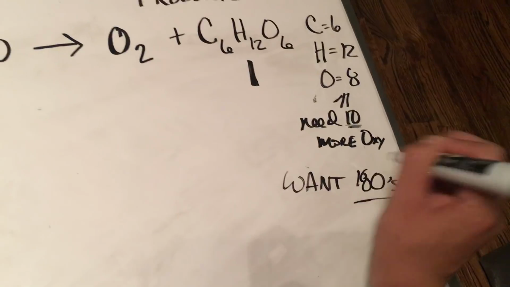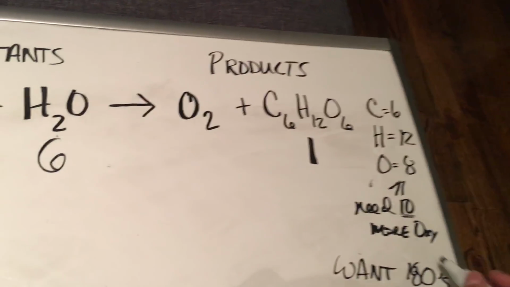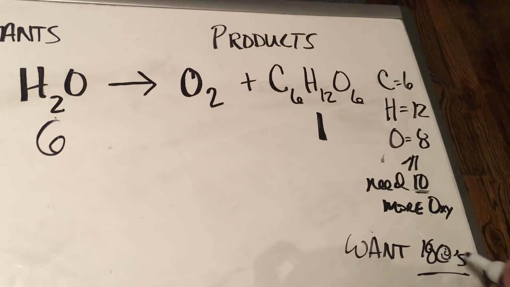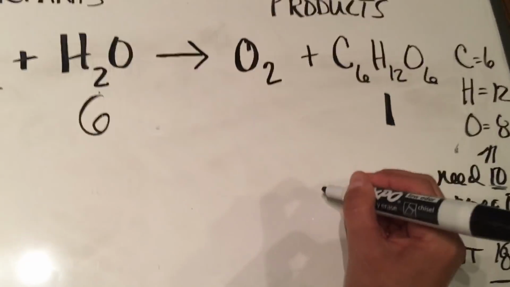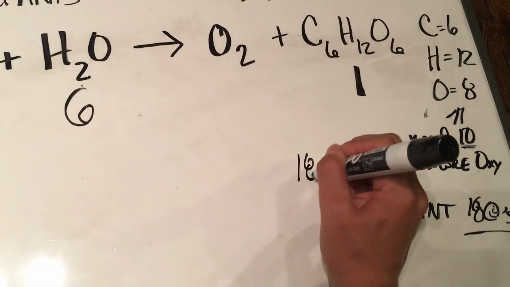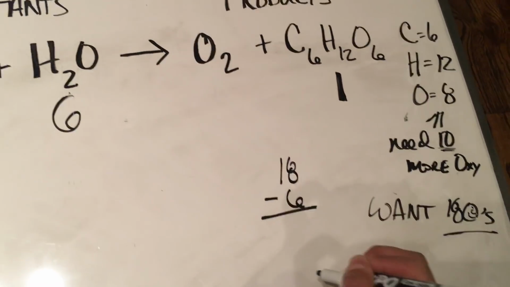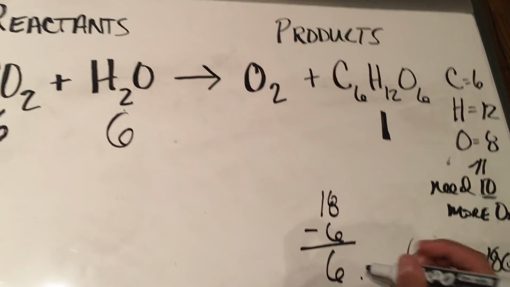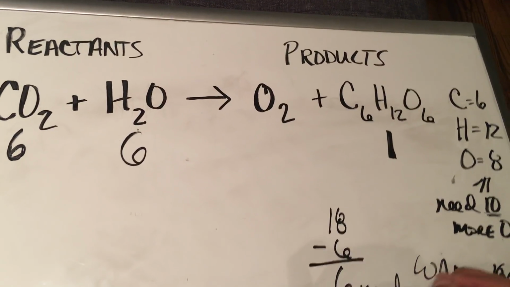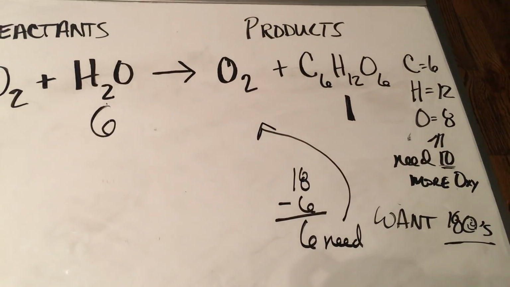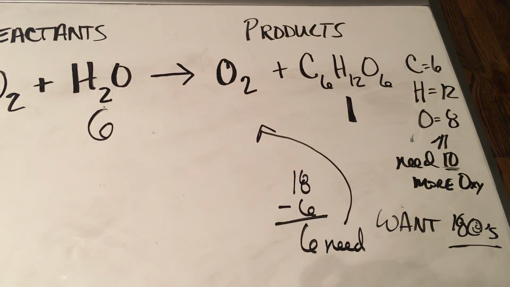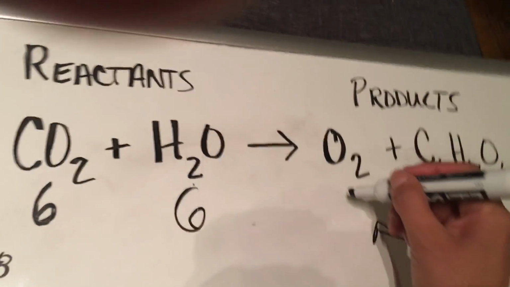O's on this side, okay? I know that might look confusing, but that's an O. That's a happy face, sure. Okay, so I already have 6, right? So I can do 18 minus 6, and that is 6. So I just need this to be 6. Cool? Does that make sense? Okay, so I need 6 here.